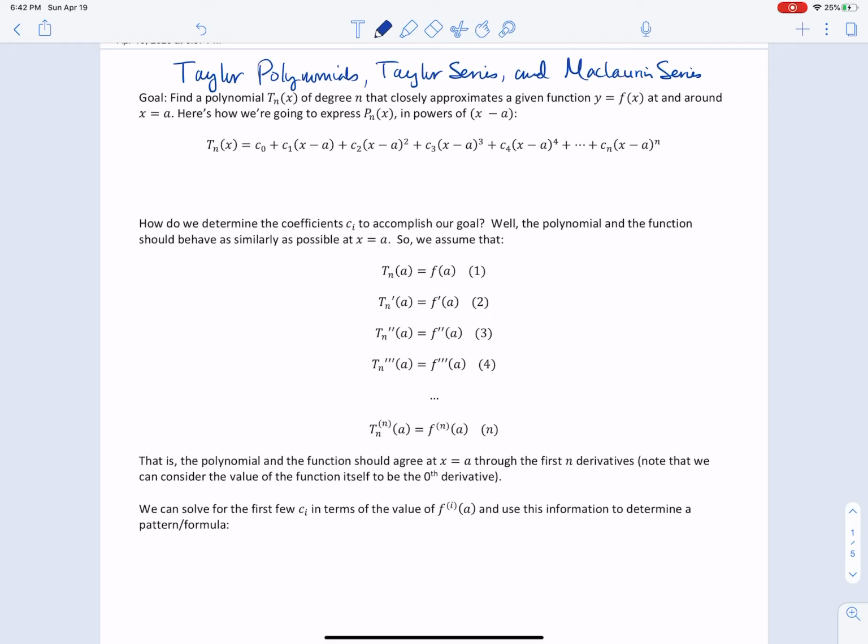So we've been talking about series a whole lot, and we've recently talked about power series. We even found a power series representation for one function, 1 over 1 minus x.